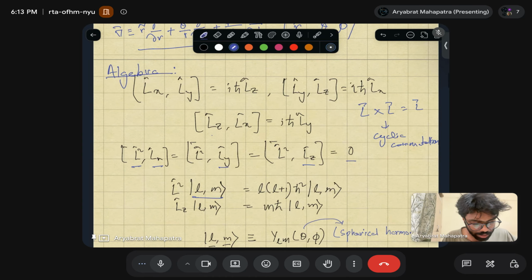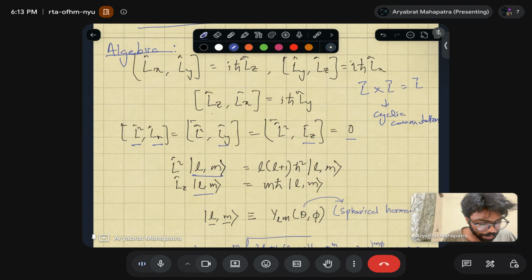Here, the eigenstate is given by the ket l, m. So l and m are the two quantum numbers on which this quantum system must depend.